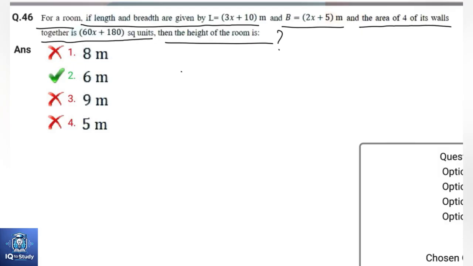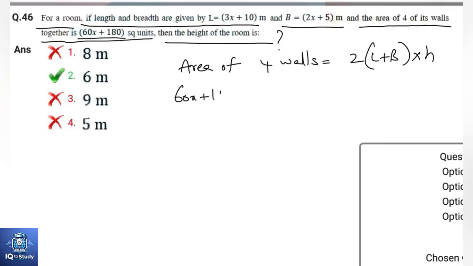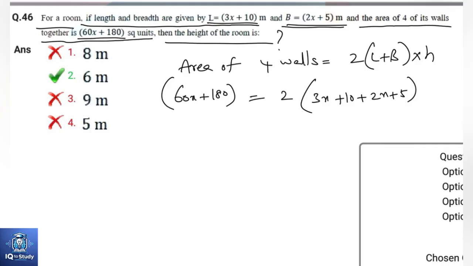Remember the formula: area of 4 walls is equal to 2 into (L plus B) into H. In the question, area of 4 walls is given as 60x plus 180, that is equal to 2 into (L plus B), which is (3x plus 10 plus 2x plus 5) into H.